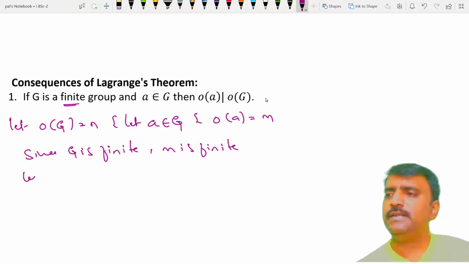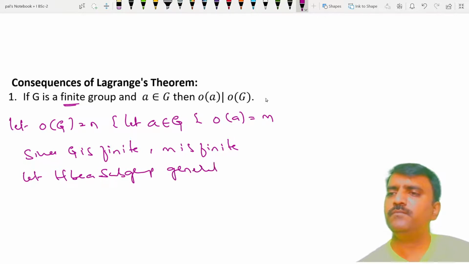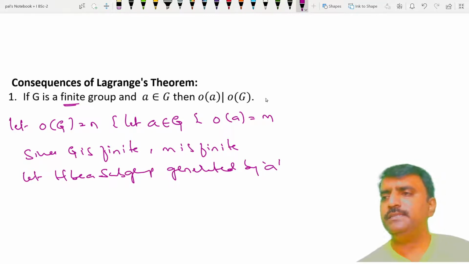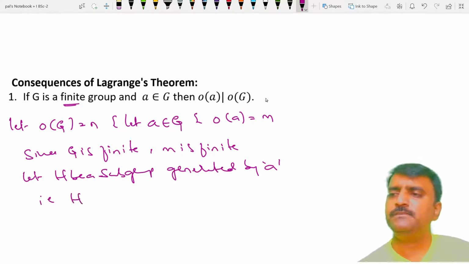So let H be the subgroup generated by A.